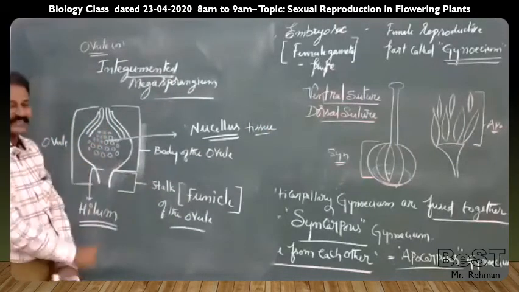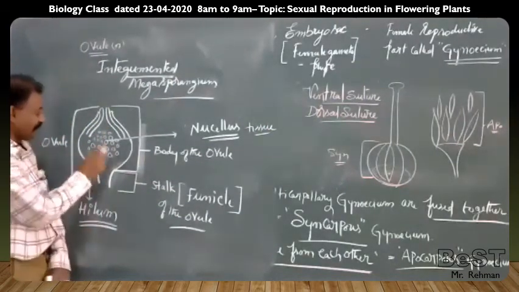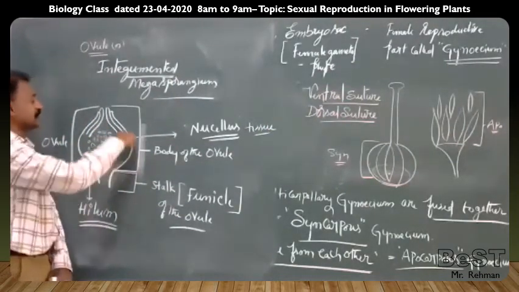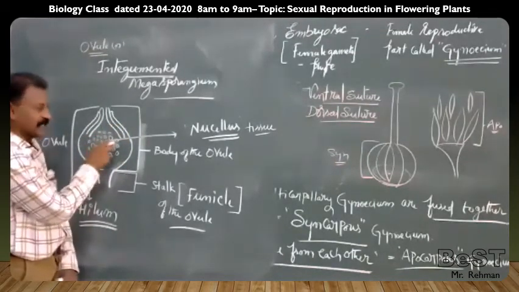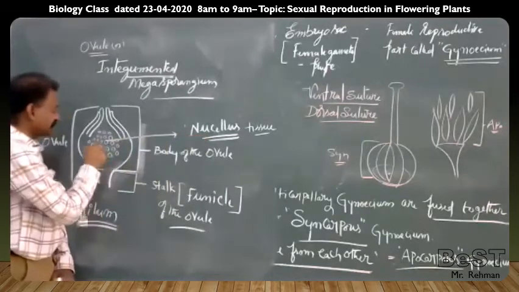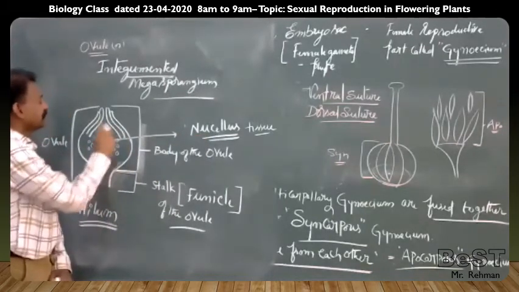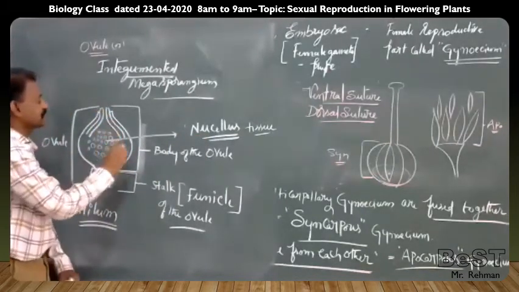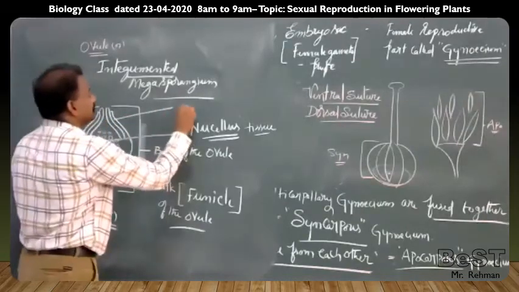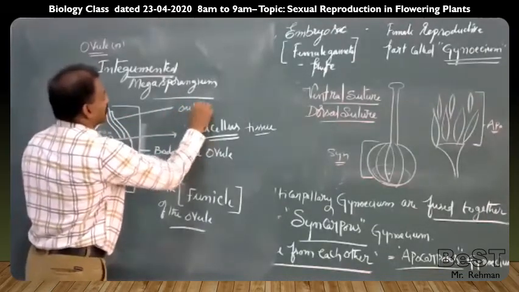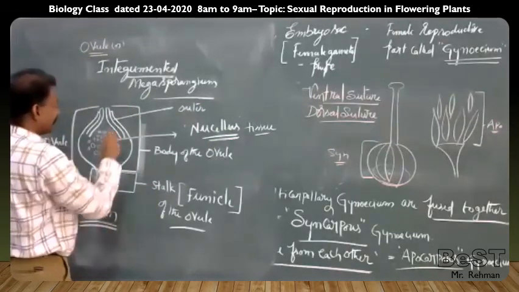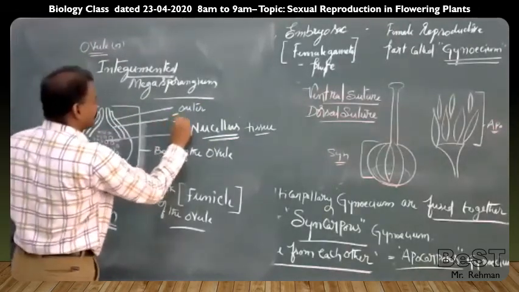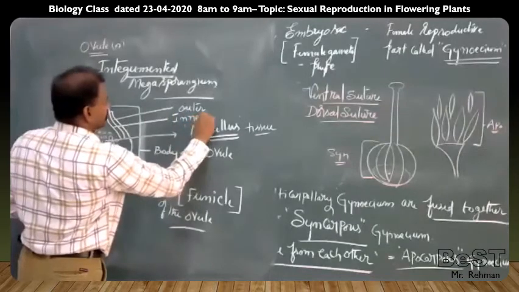Nucellus tissue is present in the middle part of the body. This nucellus tissue is covered by some finger-shaped structures called integuments. Outer integument, inner integument.